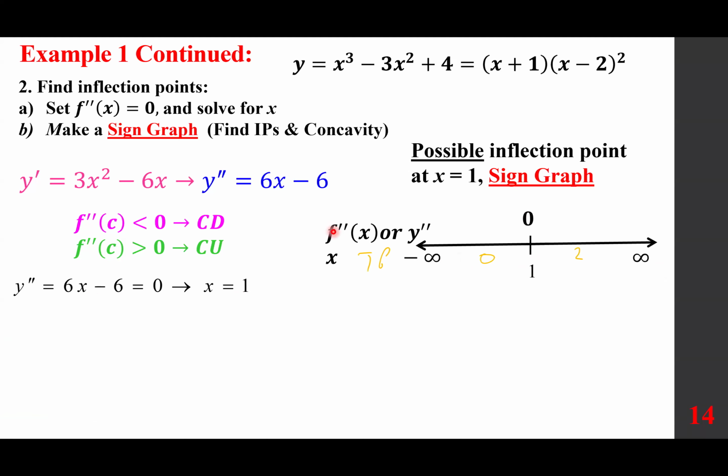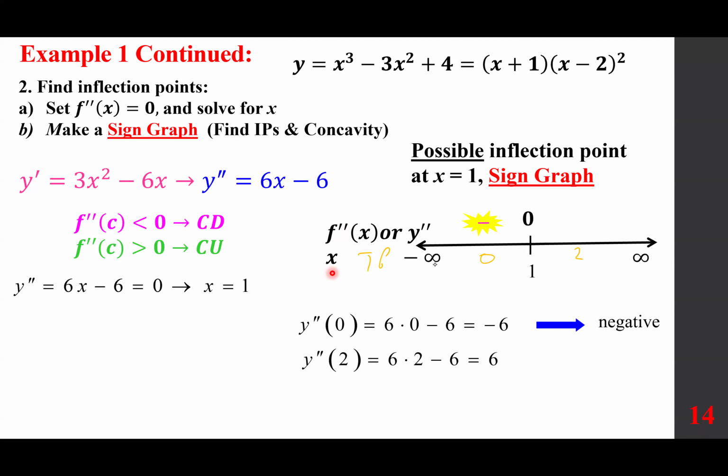Into y double prime. See, that's what your sign graph is on, this function, f double prime. That's why you put this function at top. And x was from negative to positive infinity. So plug in, and you just want the sign: negative. If you plug in 2, you get positive.